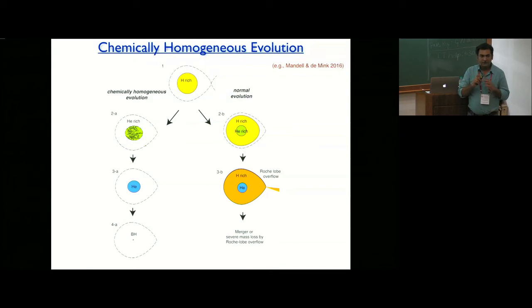Can anyone tell me what else you could do to do the mixing? I have already told you that normally it doesn't happen. Convection. Convection won't work because the entropic barrier is very high.